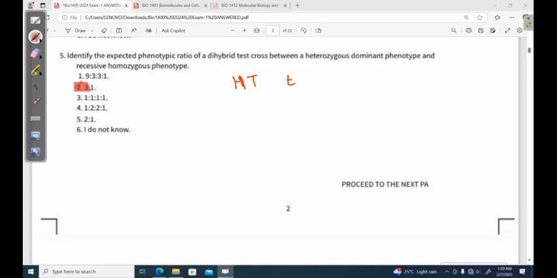When we cross these, for instance, HT, T, and HT, and you have dominant T and dominant T.